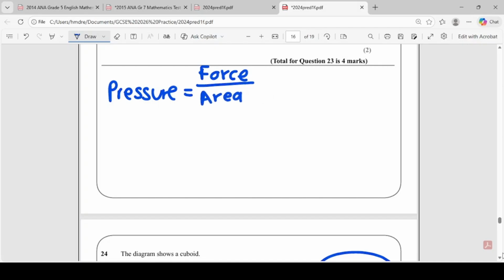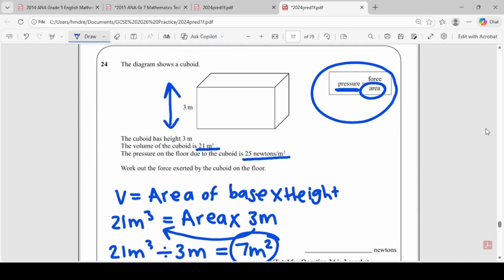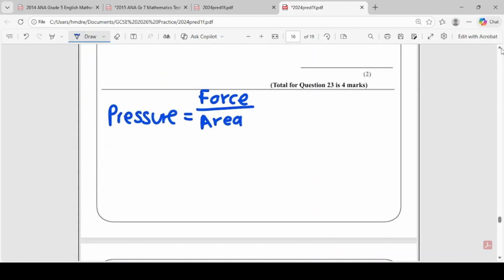We want force all by itself because that's what we're trying to work out. We're trying to work out what is the force. Okay, so let's take this area across. I was dividing by area, and when I take it across, I'm going to times. So we can say pressure times area will give me the force.